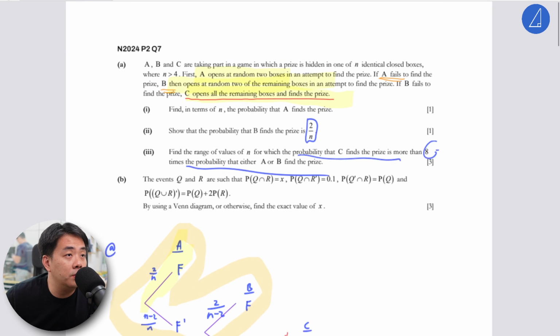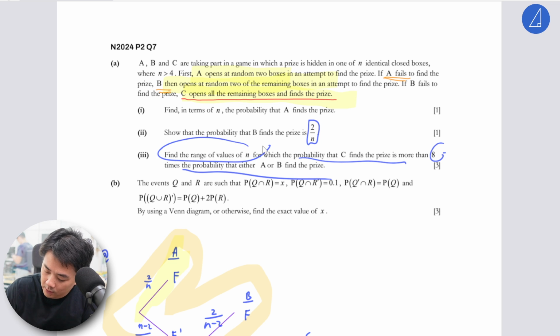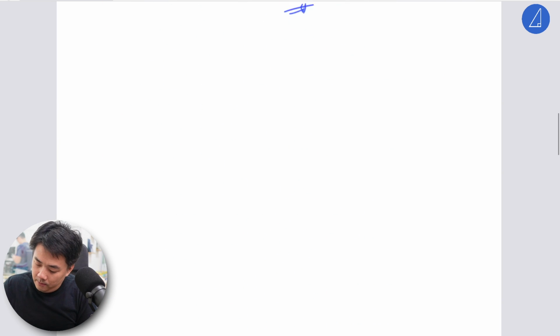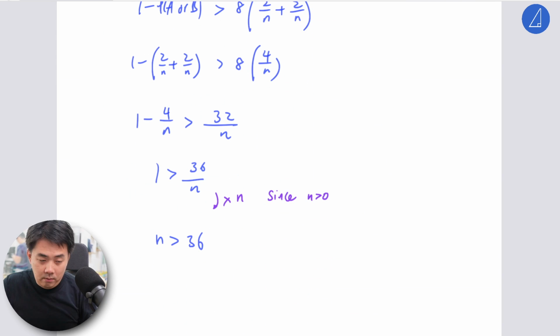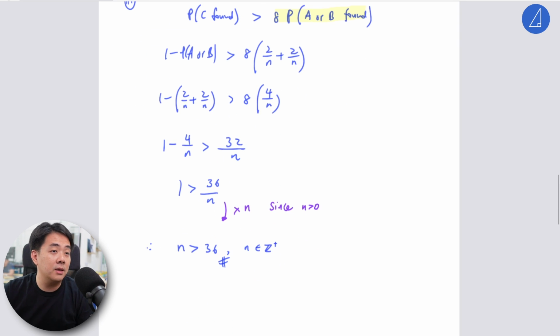So you say find the range, yeah, you find the range means you write the range of values. So you can obviously put the integer value there, but this is the answer that they want, the range of values. n integer value also can, but I mean it's known to be an integer, so you can just write n more than 36, enough.